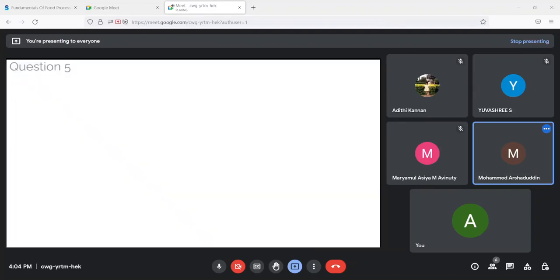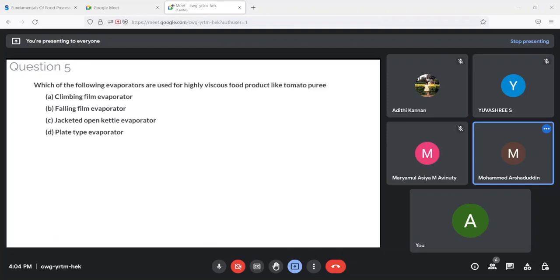Moving on to the next question. Which of the following evaporators are used for highly viscous food products like say tomato puree? You have a climbing film evaporator, you have falling film evaporators, you have jacketed open kettle evaporators, and plate type evaporators. So what is a problem when it comes to highly viscous foods? What is the most common problem that we face when we are dealing with highly viscous fluids?